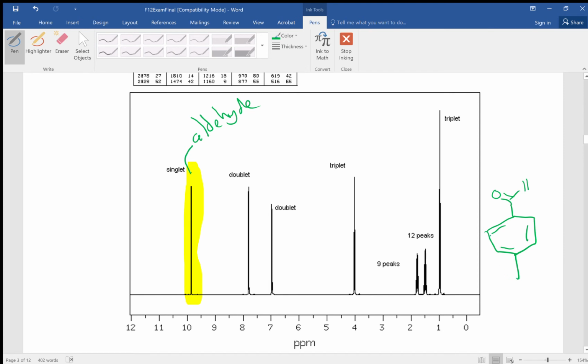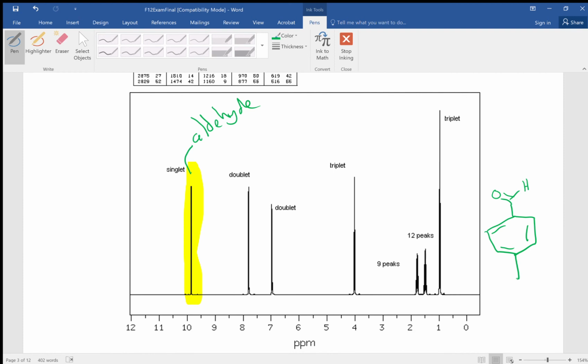Because if we put them off of any other position in the aromatic ring, it's going to affect the substitution, or the splitting pattern in the proton NMR. Finally, we know it can't be an alcohol, or we would have seen an alcohol peak in the IR spectrum.